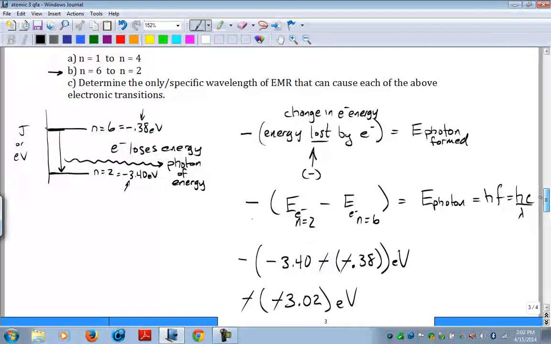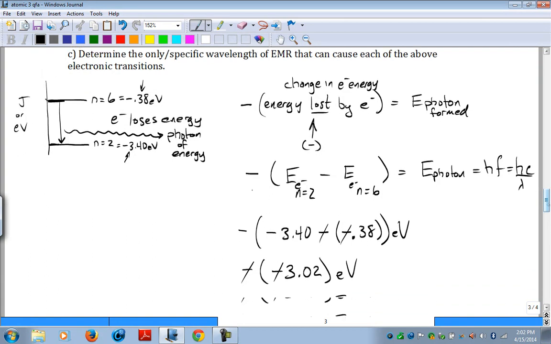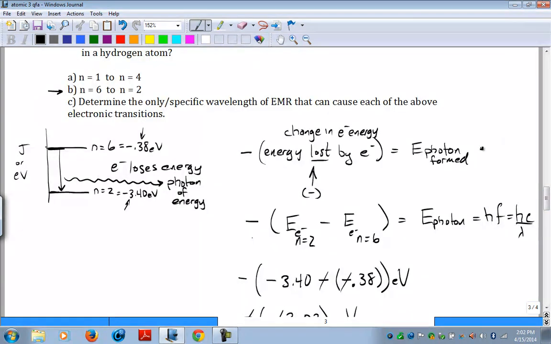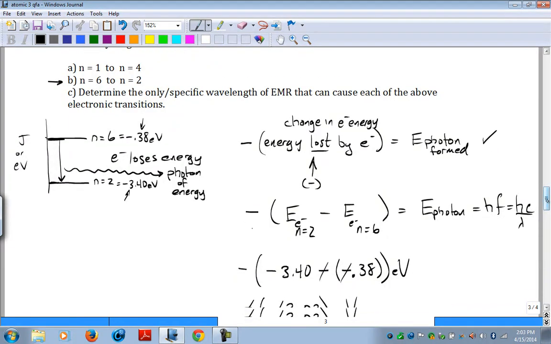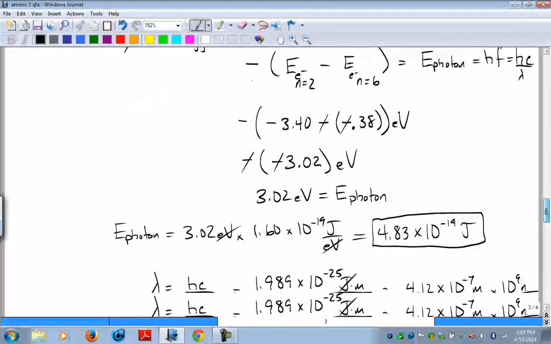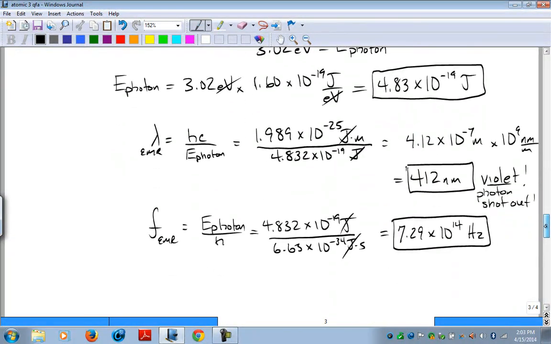But for these electron losing energy problems, there's no way the photon formed would have a negative energy. So you'll know you did something wrong. Maybe you didn't write out this initial equation, or you forgot to cancel a sign or something like that. So that's how you do those problems.